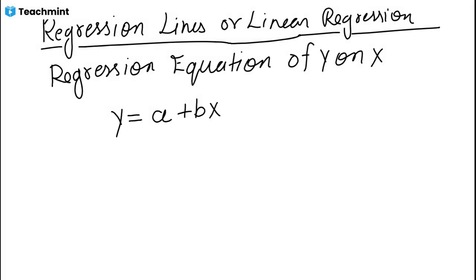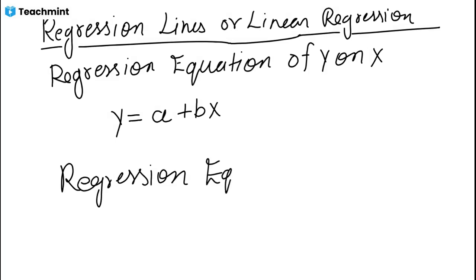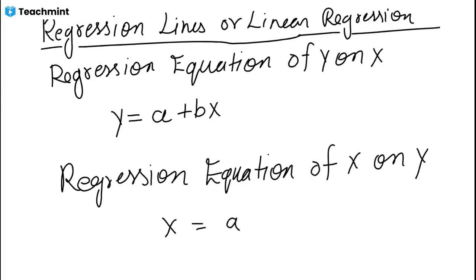I'm going to tell you what a and b are. And the second regression equation, of x on y, is x is equal to a plus by. Now let us know how we can find these a and b.